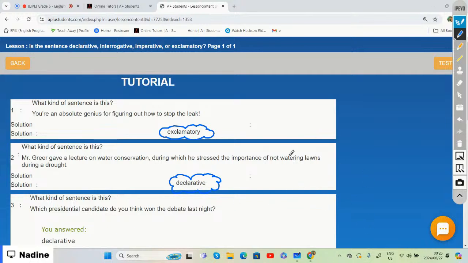All right, and the last one says, which presidential candidate do you think won the debate last night? You need to say what kind of sentence that is.